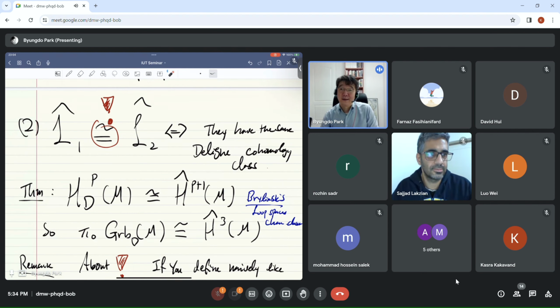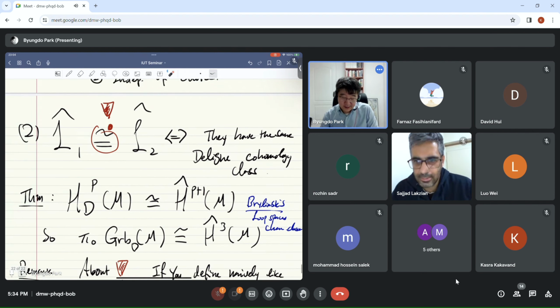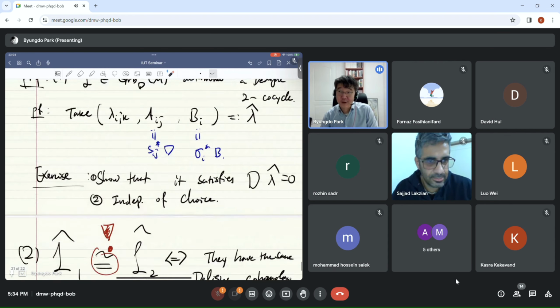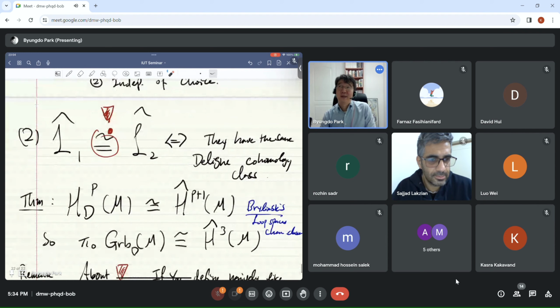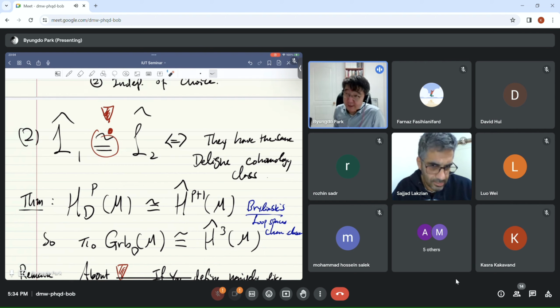If you're more interested in general aspects of differential cohomology theory, then this second lecture is going to be more relevant. But if you're more curious about higher differential geometry objects like gerbes, then what we discussed today is more relevant.